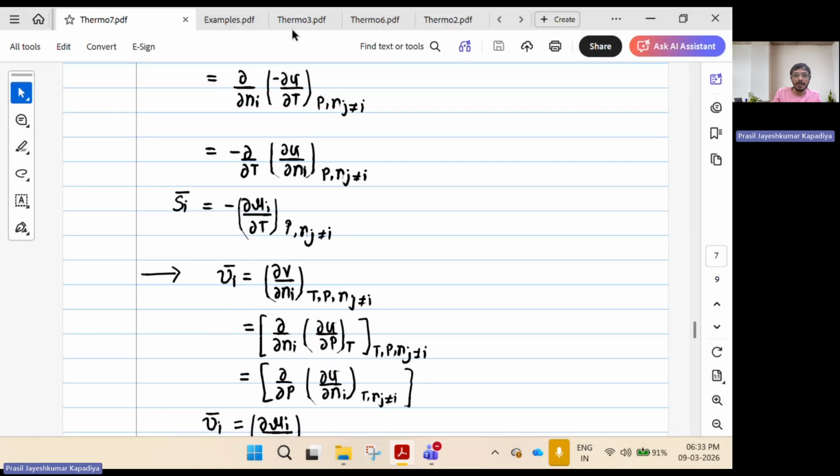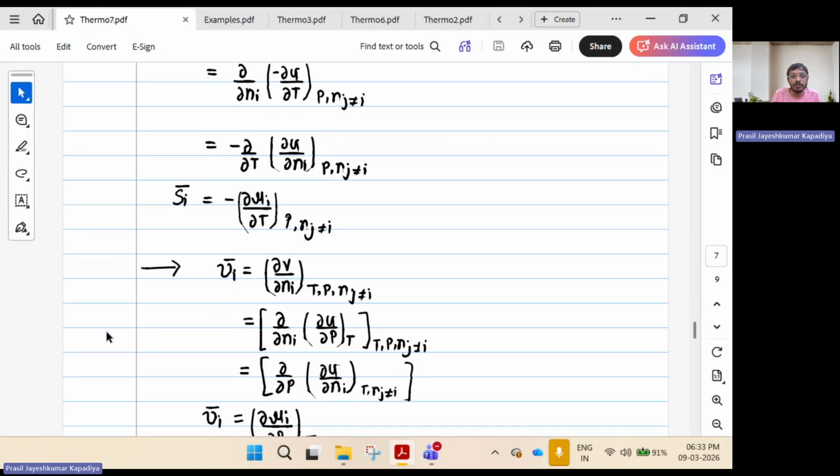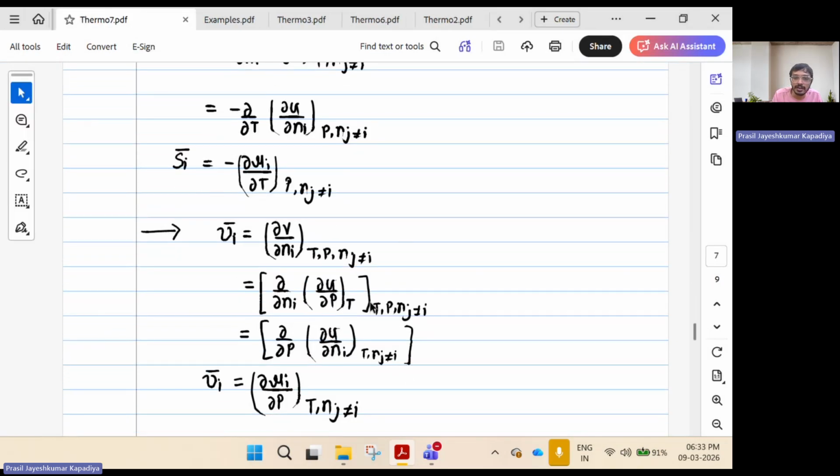So how can I replace volume? Volume can be replaced as del G del P at constant temperature from Maxwell relations. Then, we are just interchanging this denominator part. So I am writing del P at del G del Ni, and del G del Ni again is mu I. So what is my partial molar volume?